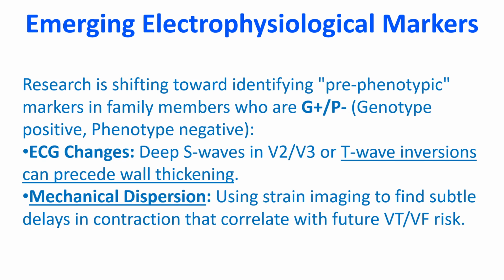ECG changes. Deep S waves in V2, V3 or T wave inversions can precede ventricular wall thickening. Mechanical dispersion. Using strain imaging to find subtle delays in contractions that correlate with future VT/VF risk.